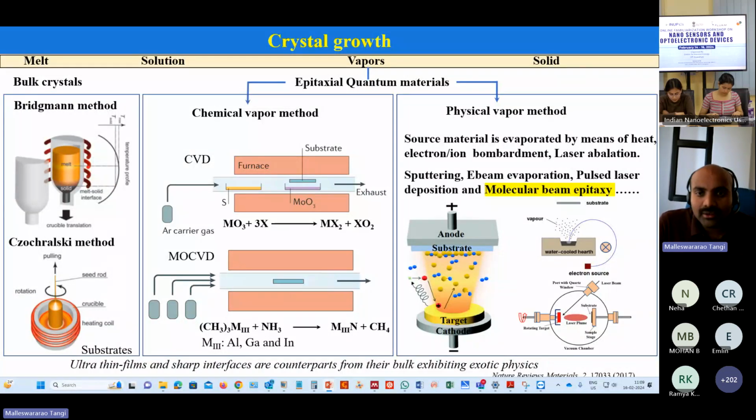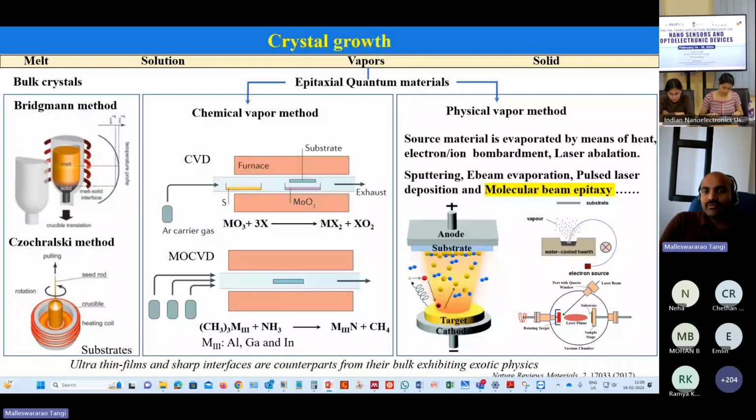Another important method is vapor. Using this method, we can grow thin films and nano to micro dimensional miniaturized materials, which we can call epitaxial semiconducting materials. There are two methods: chemical vapor and physical vapor. Under the chemical vapor method, using chemical routes like chemical vapor deposition and metal organic chemical vapor deposition, we can grow these thin films.